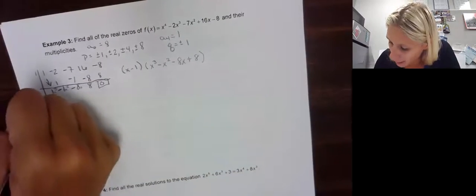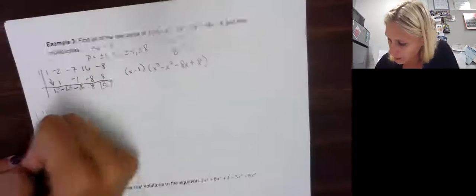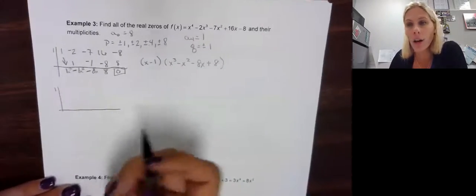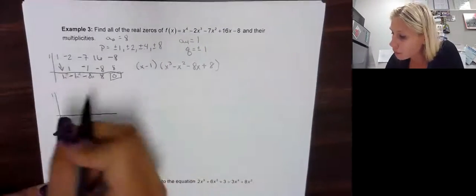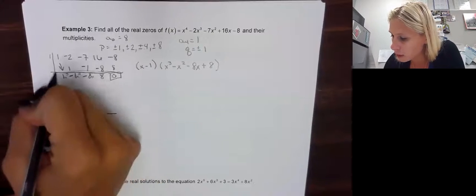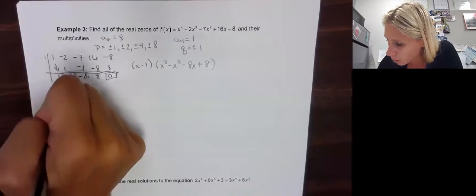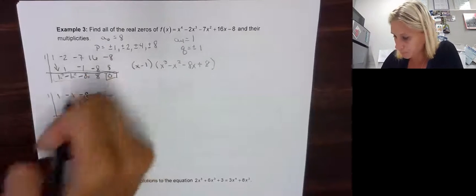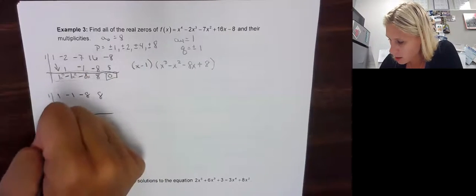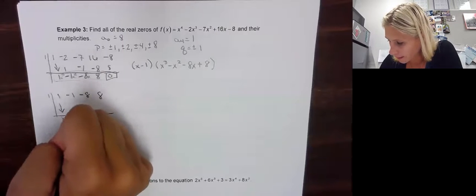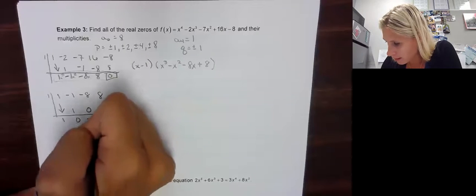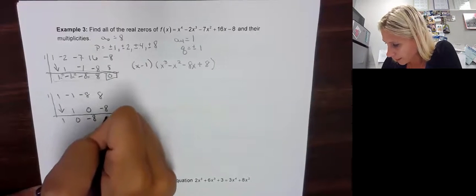So I'm going to keep testing that until I don't need synthetic or that it comes out to a remainder other than 0. So of course, remember, I'm going to use these coefficients right here. 1, -1, -8, and 8. Bring that down. Multiply, add, multiply, add, multiply, add.